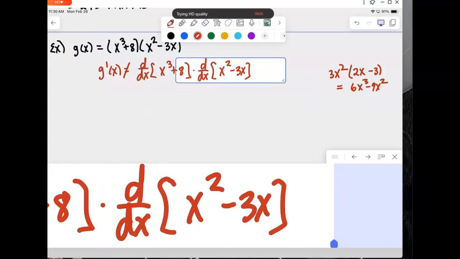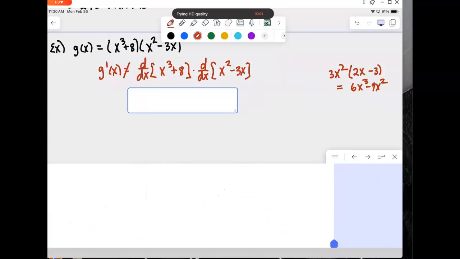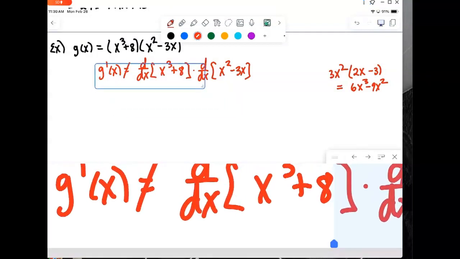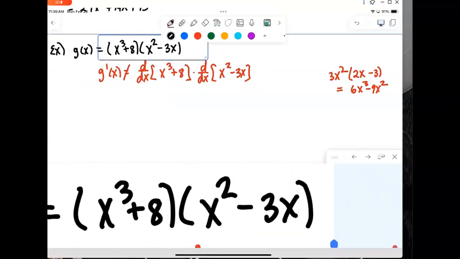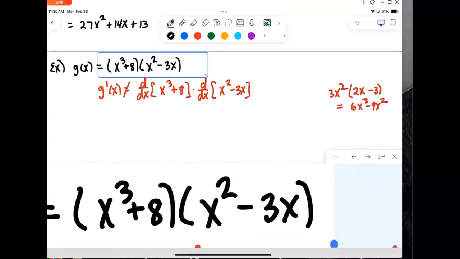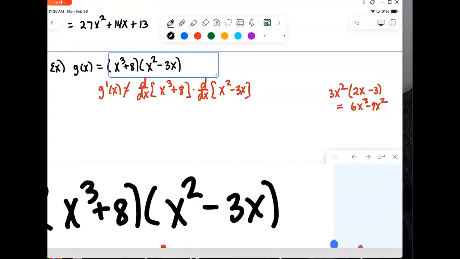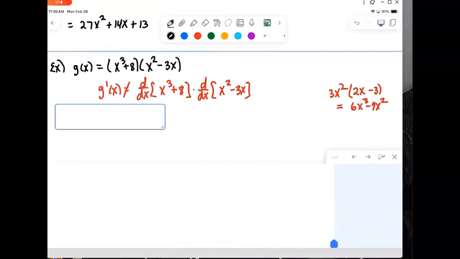Works for addition and subtraction, but it doesn't work for multiplication or division. Okay, just so you know that it does not work. What we can do here with this problem, though, is we can simply just multiply it out because it's a multiplication problem. So let's do that.